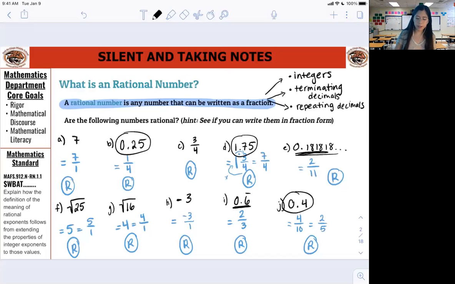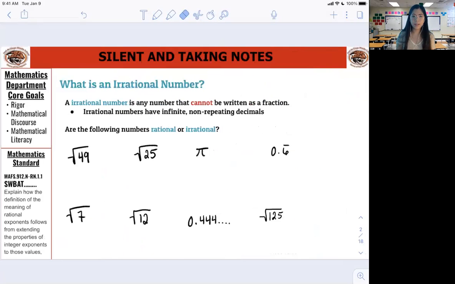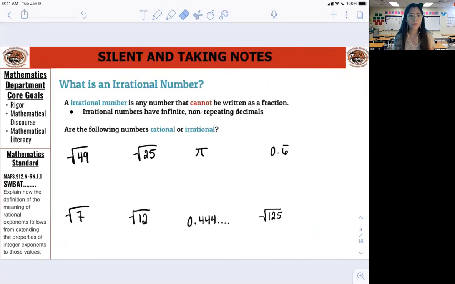Any questions on what makes something rational? Okay, so we've got rational numbers, but on the other hand, we've got irrational numbers. Can I get a volunteer to read what is an irrational number?